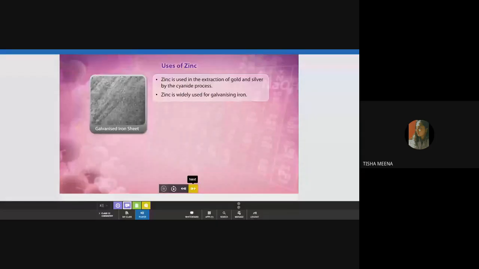Ma'am, coating on electrodes, method of coating of zinc. Yes, ma'am, electrolytic method. Okay, zinc is coated with which metal? On which metal is zinc coated?